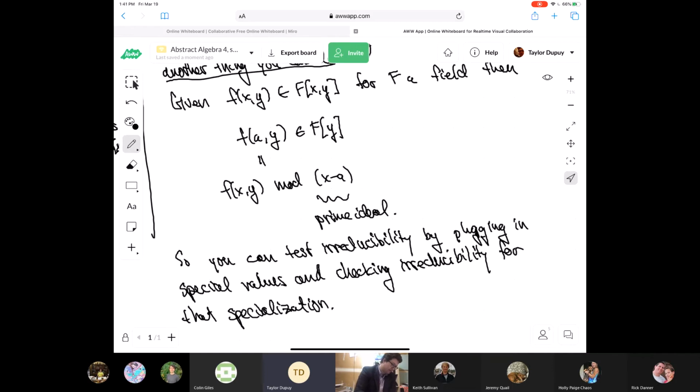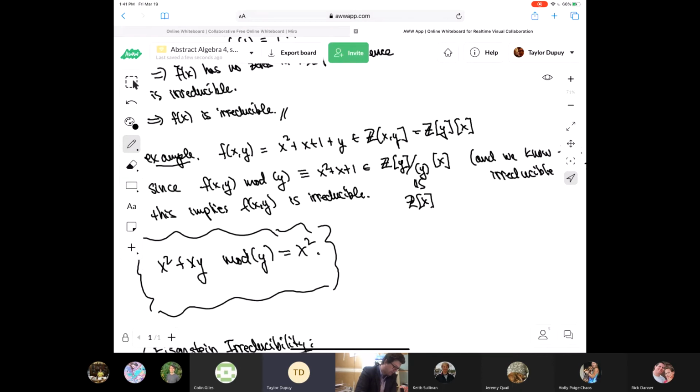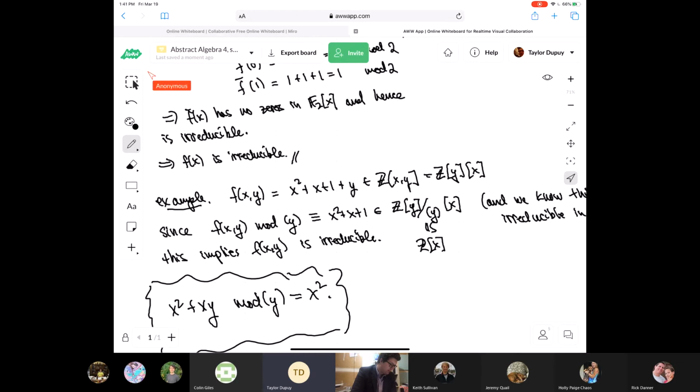Does that make sense? Let's see if I can come up with a quick example. I'm worried about the degree. If we plugged in something for x here, you'd get an irreducible polynomial, but it'd be of degree 1. So that doesn't work.